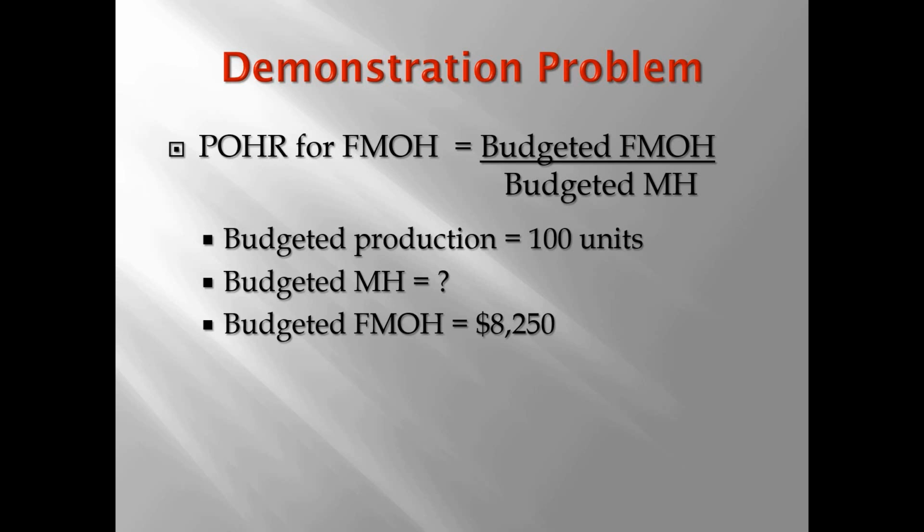But what about the budgeted machine hours, the allocation base? To figure that out, we multiply the 100 units that the firm expected it would make times the 11 machine hours that it expected to use to make each unit. That means that the firm must have expected to use 1,100 machine hours.